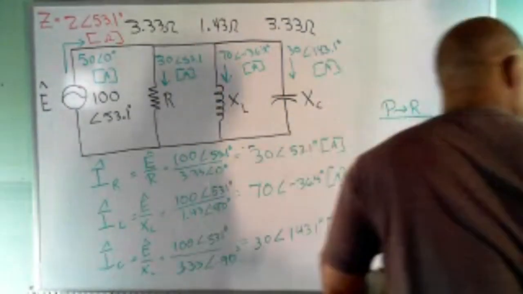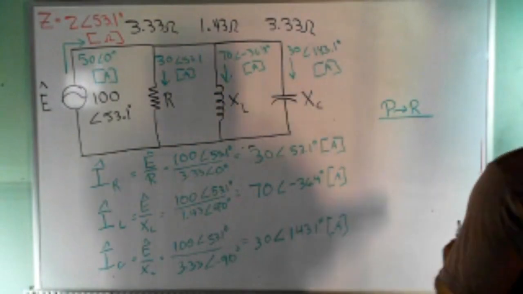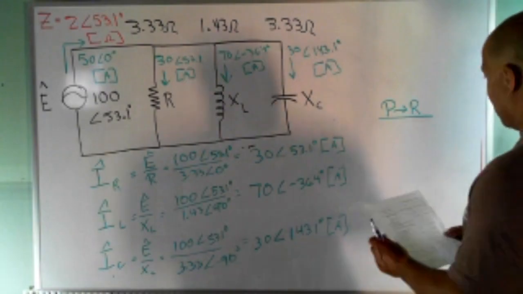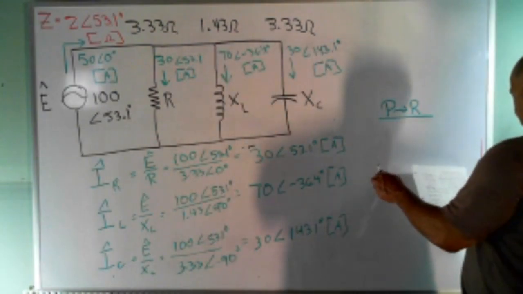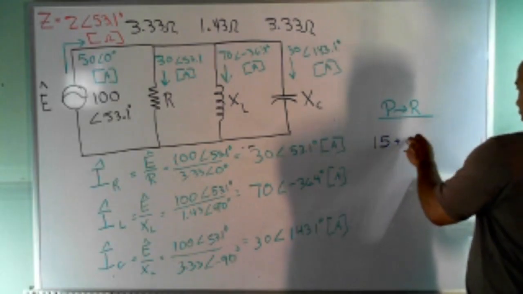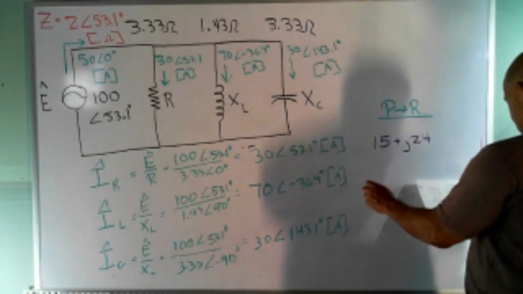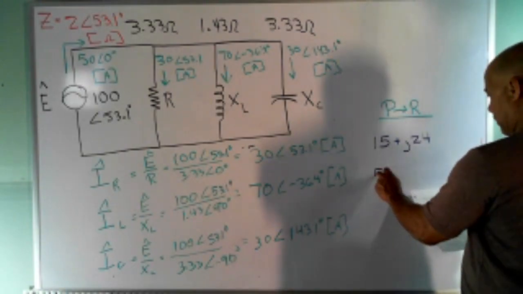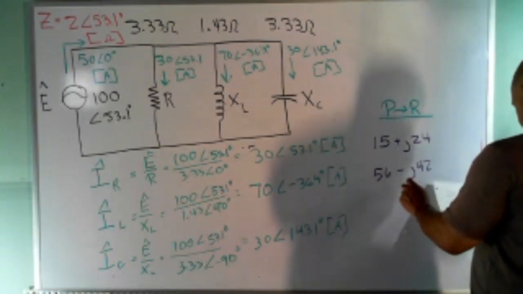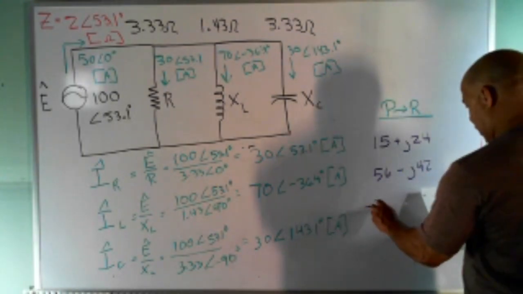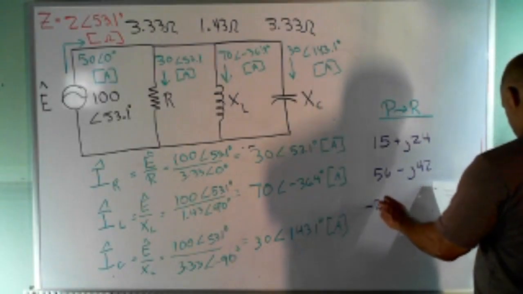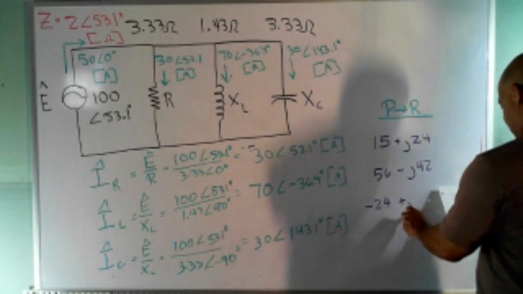So I converted those over, and if I did it correctly, I used a calculator, but I didn't do the automatic thing where it converts automatically. This one I got 15 plus J24. This one I got 56 minus J42. And this one I got minus 24 plus J18.